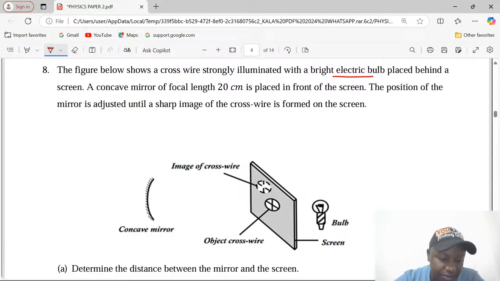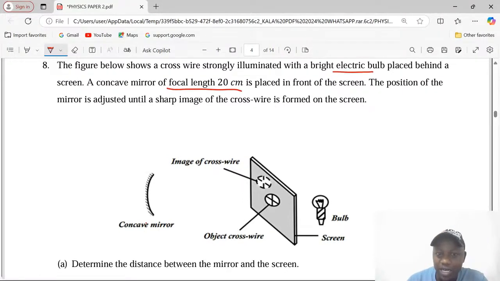We are told that a concave mirror of focal length 20 is placed in front of the screen. The position of the mirror is adjusted until a sharp image of the cross wire is formed on the screen.